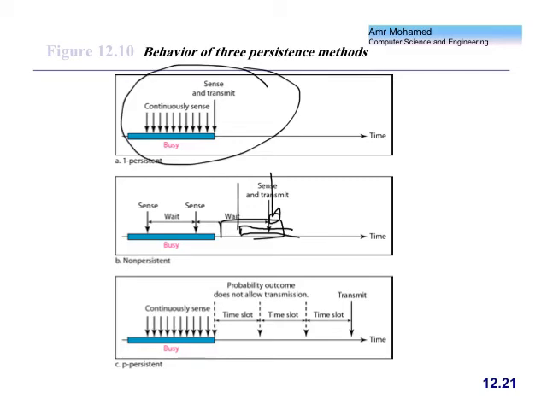If the outcome is that I should not send, then I wait for one time slot and so on. Okay? So these are three persistent strategies that can be used for carrier sense multiple access.